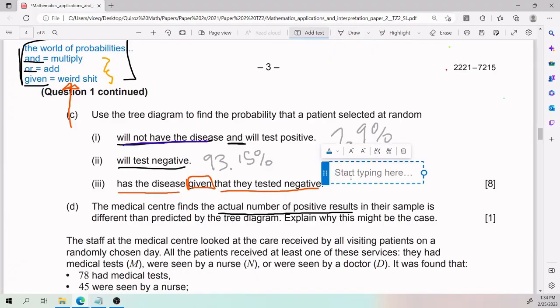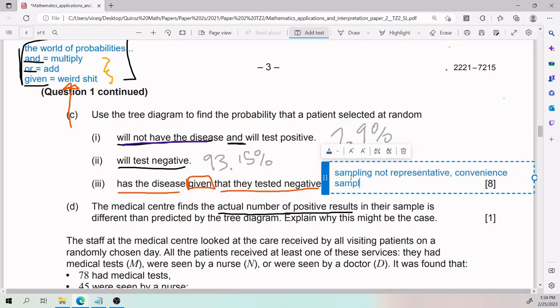So you can actually say here, sampling not representative, convenience sampling is poor. You would use other words, but that's the main idea. You can also say sampling is not random, which is another way to say that it's not representative.